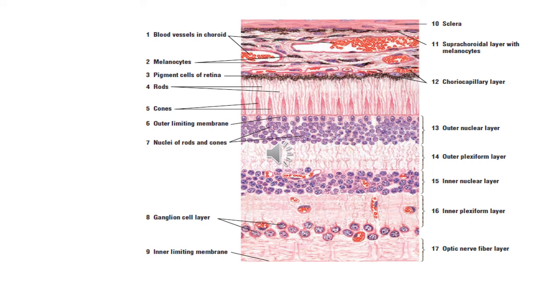Then you can see large ganglion cells with multinuclei, which are actually multipolar neurons, and they are the cell bodies of the ganglion cells. This is the ganglion cell layer.